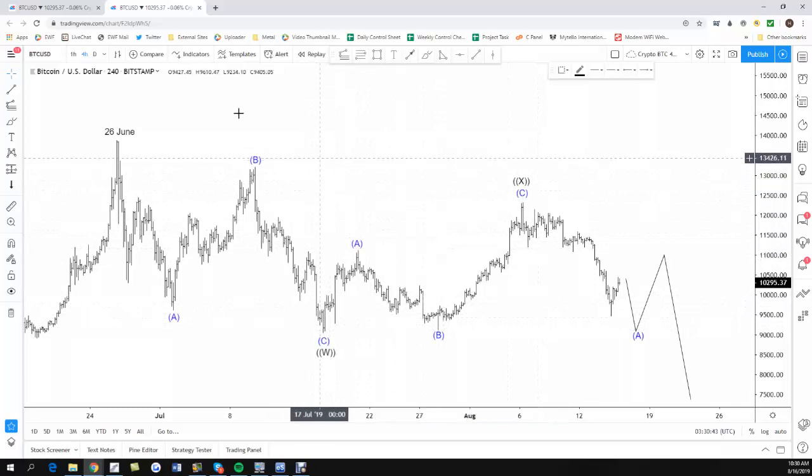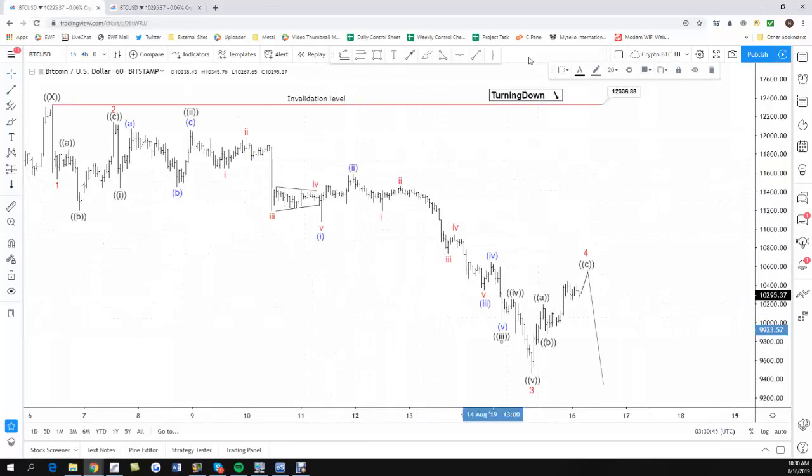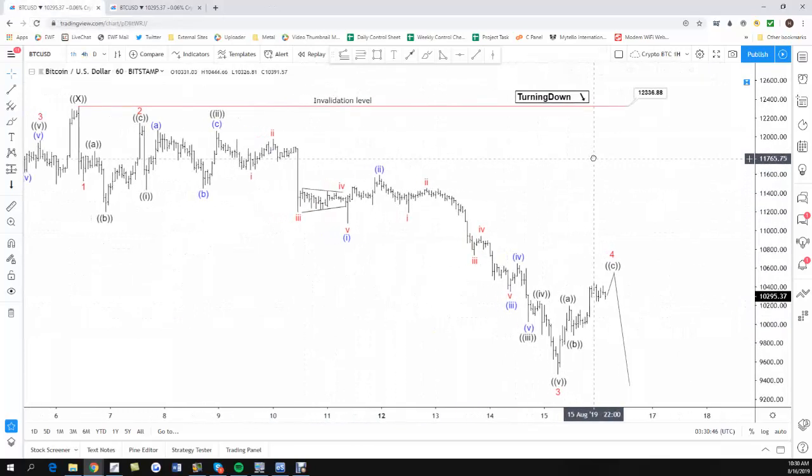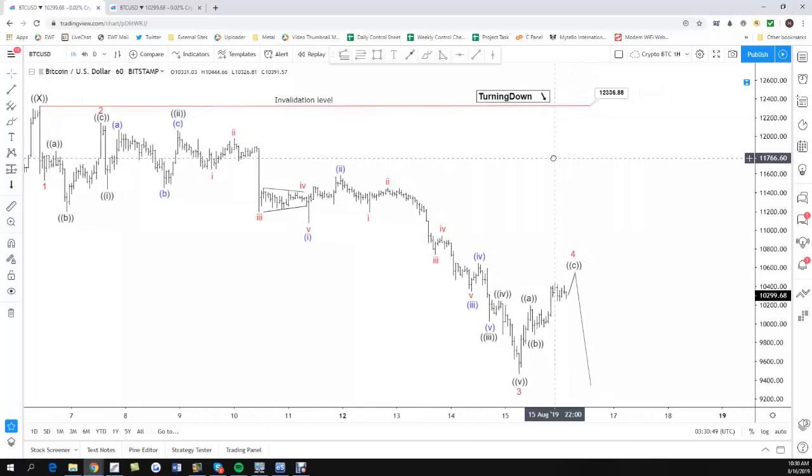Now, what about the shorter cycle alternate? In the alternate scenario here, there could be many different things. Alternate can be many different things. This rally here, for example, doesn't have to be wave 4. It can be doing something else. But the main takeaway here is this level.